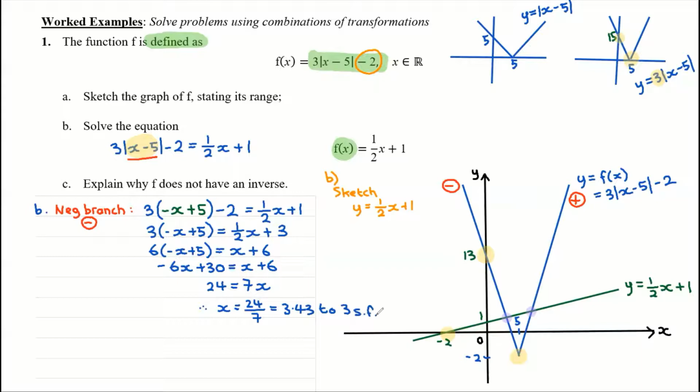So there's our answer. So x, that's the first point of intersection. And as you can probably tell from the diagram, it's going to be this point here, just because there is a minimum point at 5, so that would be 3.43 right there. So now we need to find the other point of intersection on the positive branch.